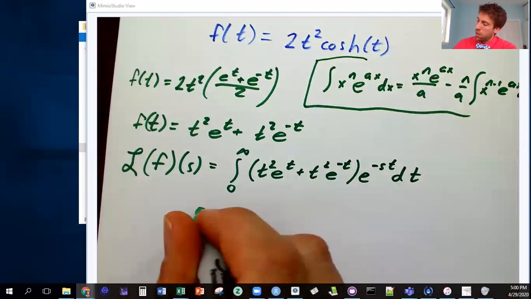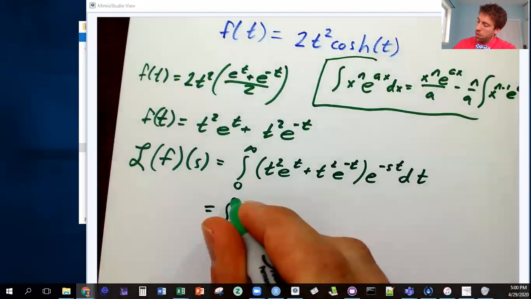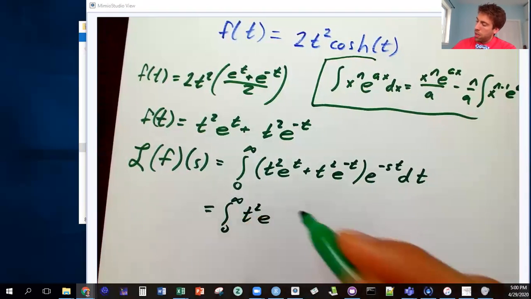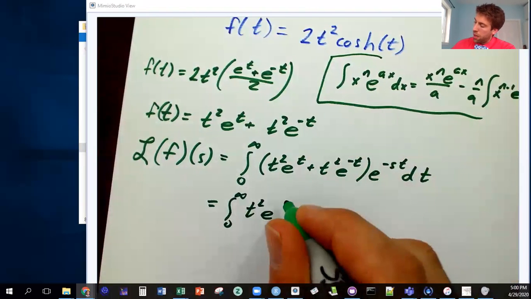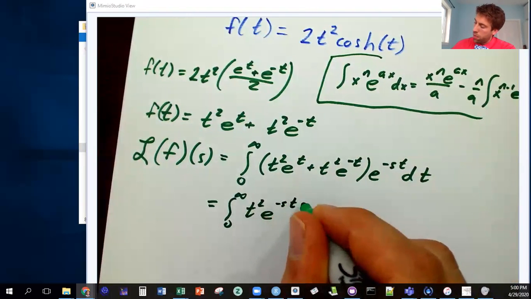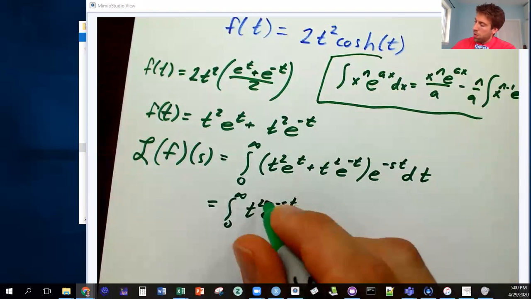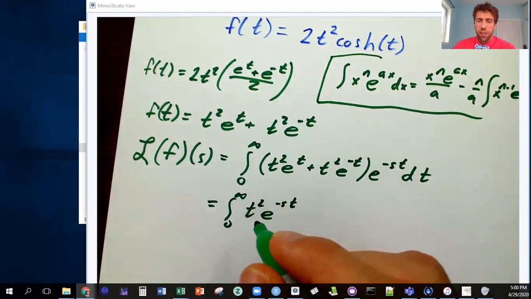Okay, so let's expand it. I think I'll write it a different way.